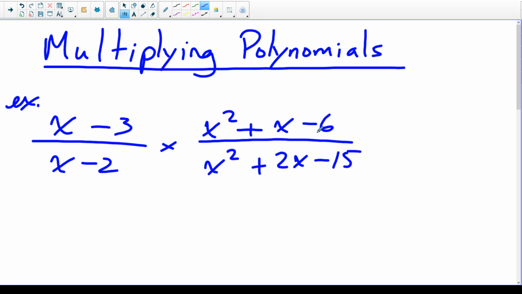So what two numbers multiply to -6 and add to +1? Well, I'm assuming it's going to be 3 and 2. One of them has to be negative, and that would be the -2. Okay, so we're going to have x plus 3, x minus 2.